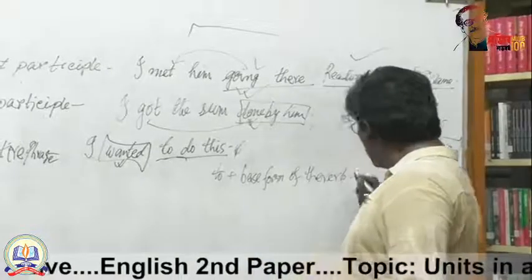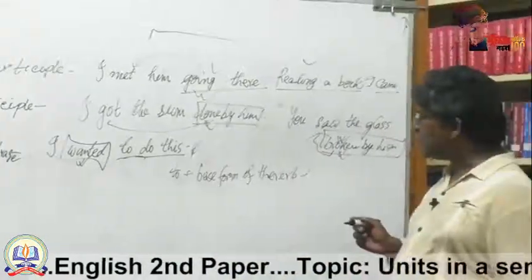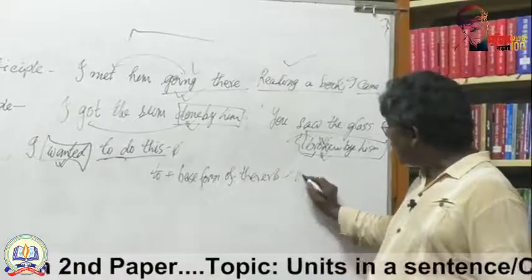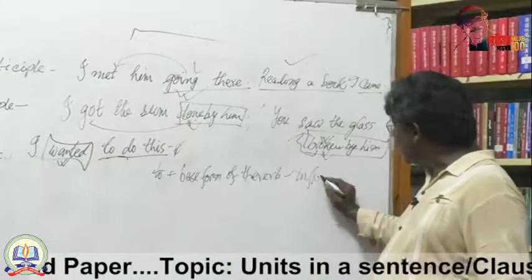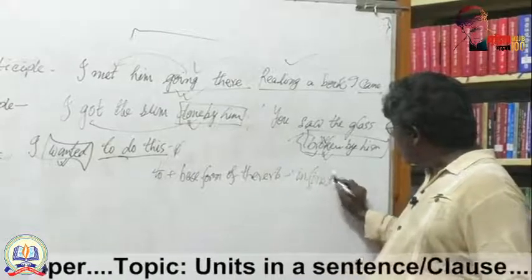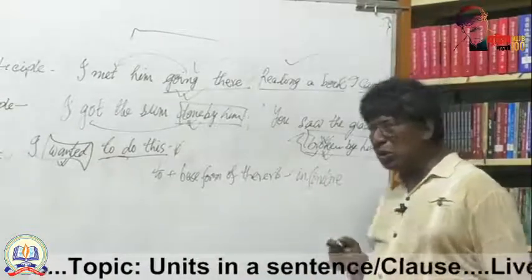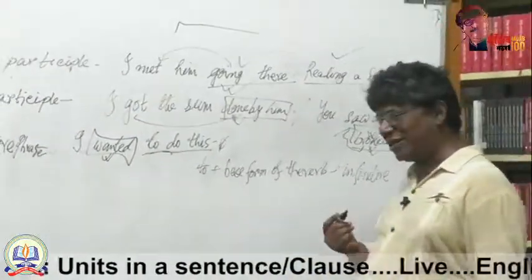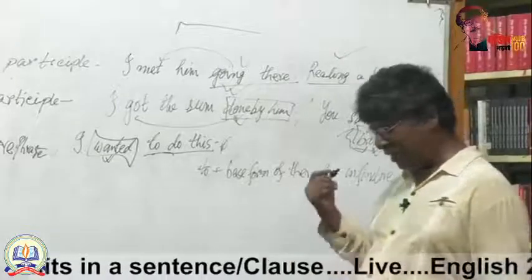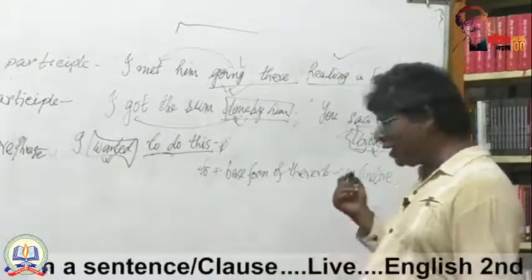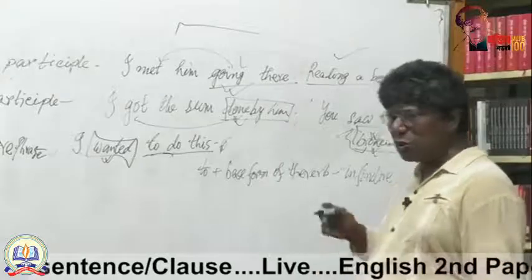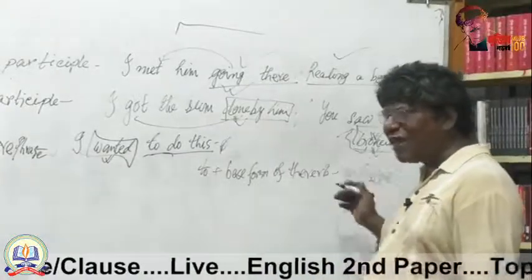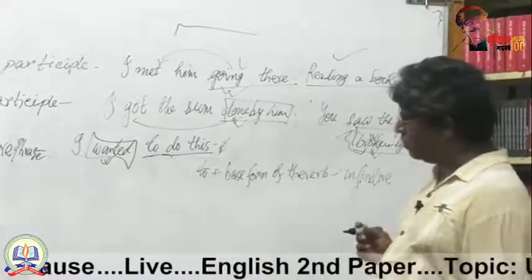To and the base form of the verb make the infinitive in a sentence, and as I have told, infinitives are used to express a secondary verb in a sentence or clause, which is supposed to take place after the action of the finite verb.